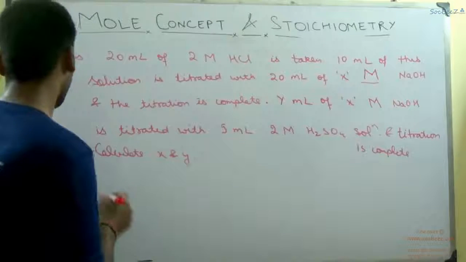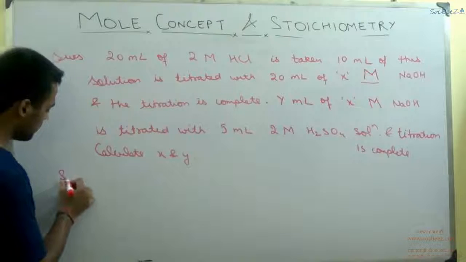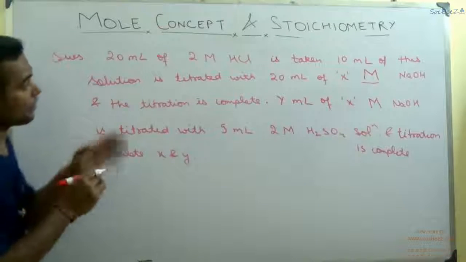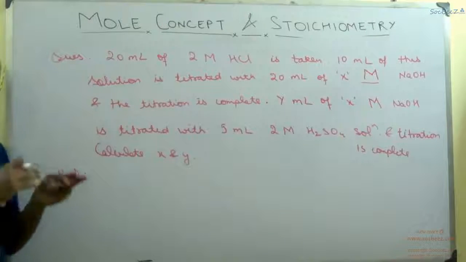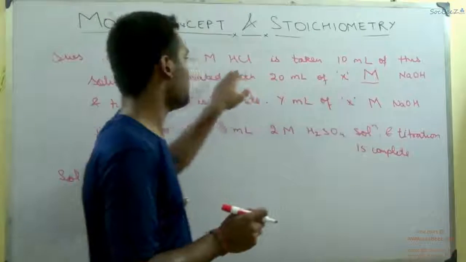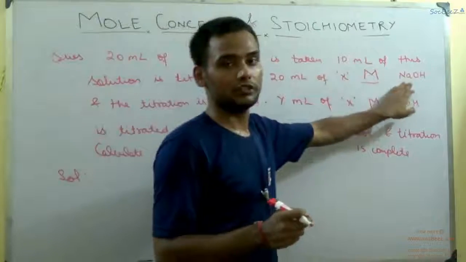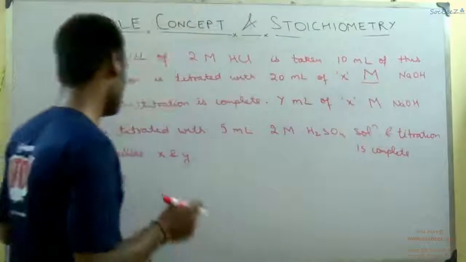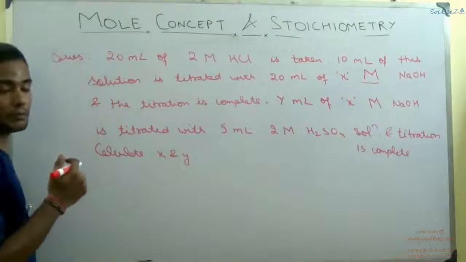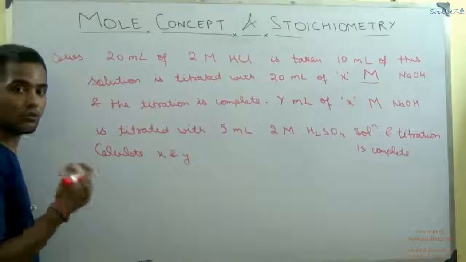Okay? So let's see. We know that in case of any titration, especially in case of acid-base titration, this is known as acid-base titration because we are using an acid and a base for the titration. So in case of acid-base titration, they combine in proportion to the number of equivalents.